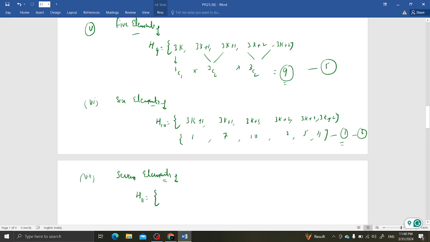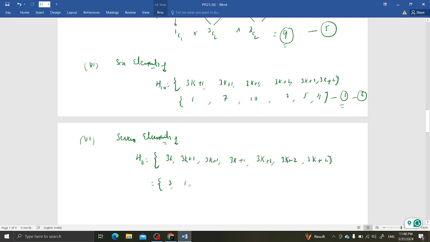H11, that is the complete set S. That is the complete set as 3k, 3k plus 1, 3k plus 1, 3k plus 1, and after that 3k plus 2, 3k plus 2, and 3k plus 2 we have. Okay, so the format is 3, 1, 7, 10, 2, 5, 11, and from here also we get 1 only.